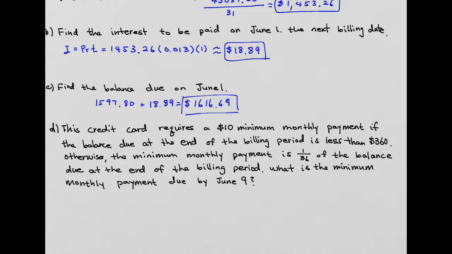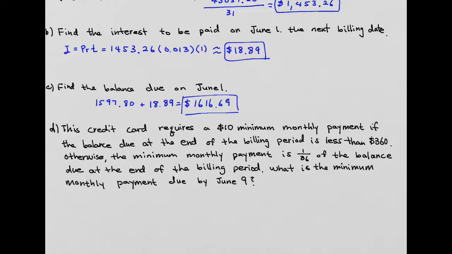The minimum monthly payment is 1/36 of the balance due at the end of the billing period. What is the minimum monthly payment due by June 9th? So the next payment has to be 1/36 of the balance due, right?